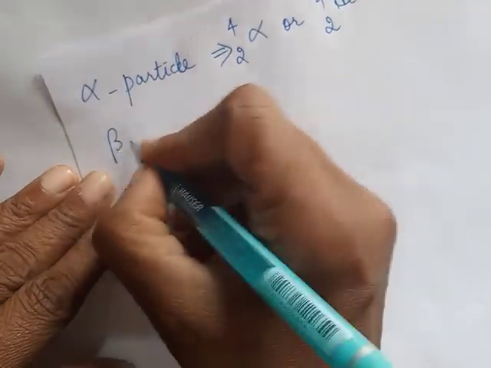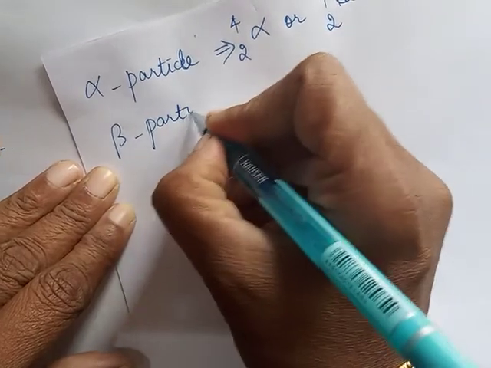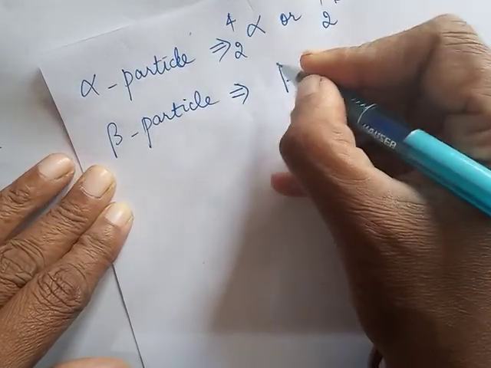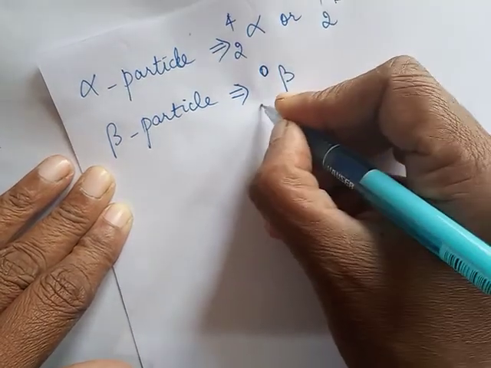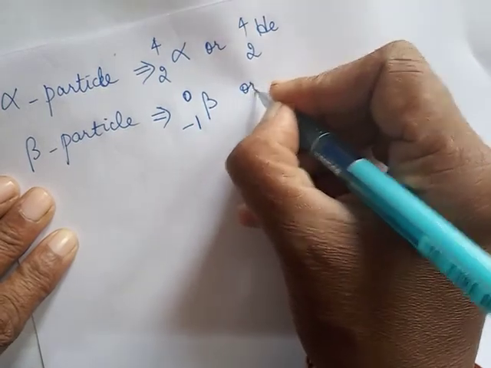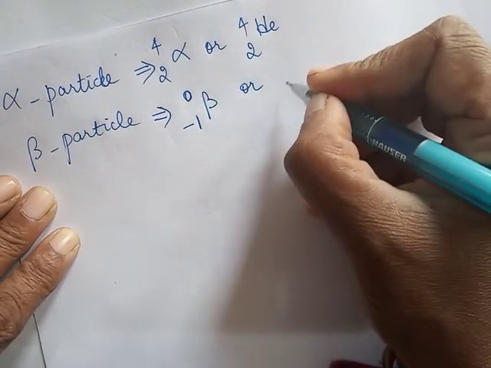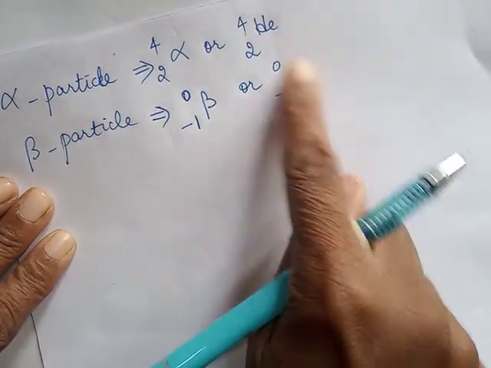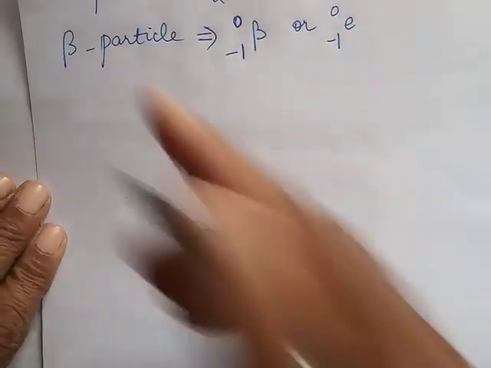Okay, the beta particle is basically a fast moving electron. That means its mass number will be 0 and its atomic number will be minus 1. So either you can write it like that, or as the electron's structure, e 0 minus 1, it can also be written.